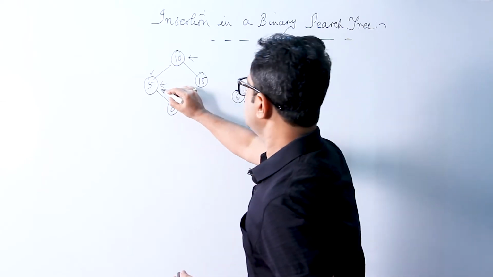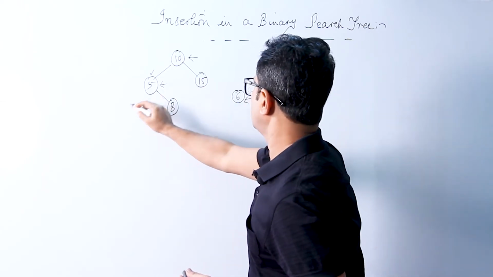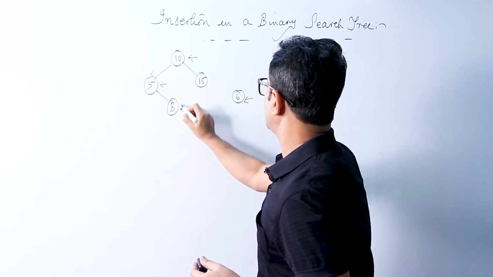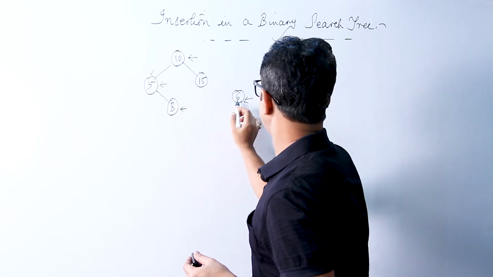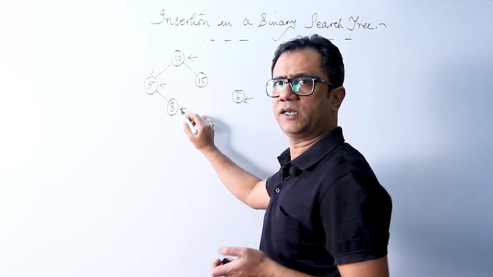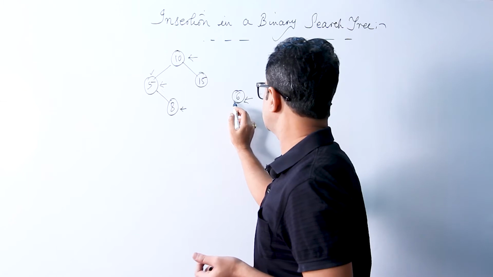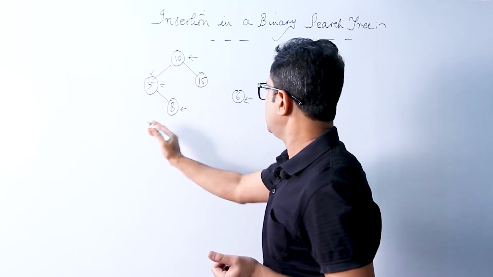So we go to this right subtree, we never go to the left part, and we come over here. Now 8 becomes the root node value, and we compare 6 with 8. 6 is less than 8, and that's why 6 is to be inserted in the left subtree.